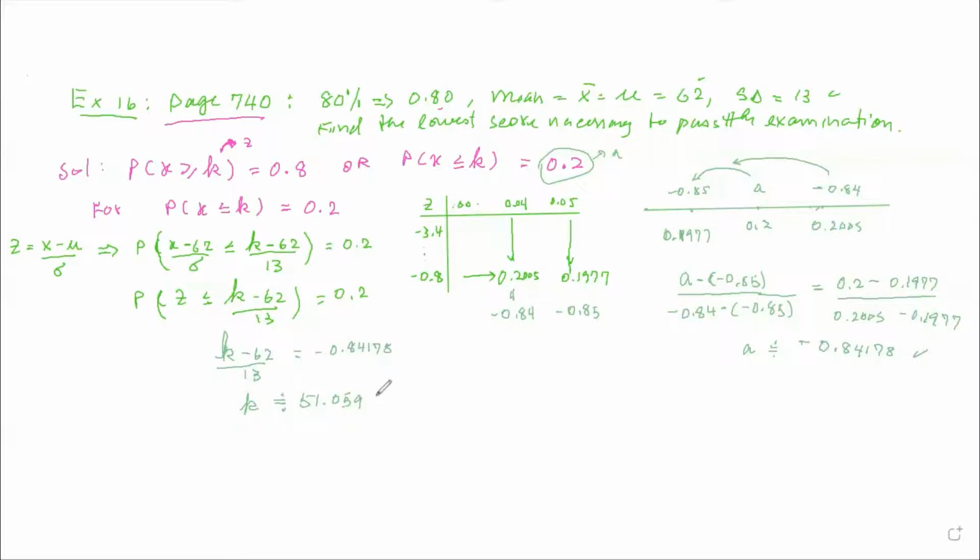Okay, so this is the answer now. This is the minimum pass mark, or minimum passing mark, which is equal to 51.059. This is the passing mark for passing the exam, so this is the minimum.